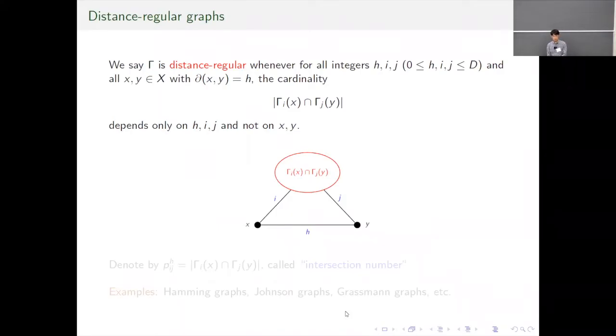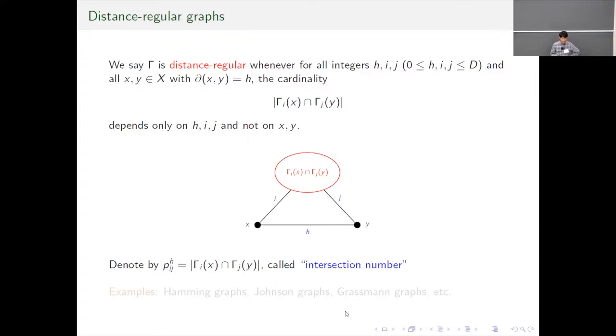Distance regular graph, I think this is the third time it has been introduced today. Anyway, gamma is distance regular whenever, for all integers h, i, j between 0 and d and all vertices x and y at distance h, the cardinality of the intersection of gamma_i(x), the i-th subconstituent of x, and gamma_j(y), the j-th subconstituent of y, depends only on the integers h, i, j, not on the choice of vertices x, y.